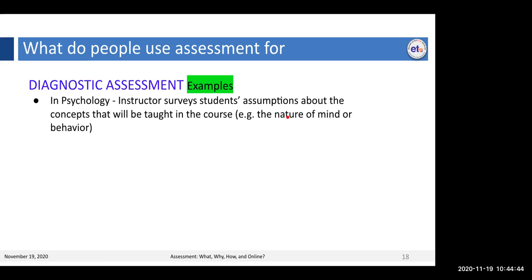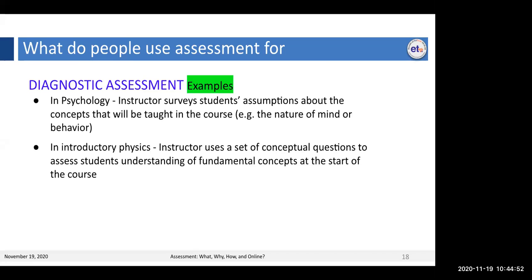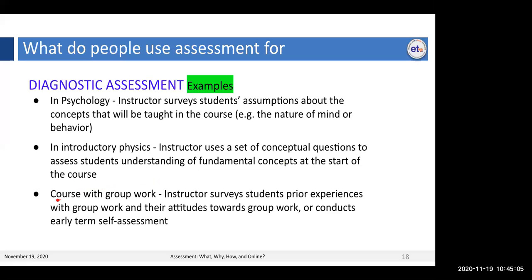So it could be technically correct, or there could be some assumptions that students might be having. Then in courses like introductory physics, a teacher can use some conceptual questions and test their fundamental understanding of the course. Or there are some courses which require group work.